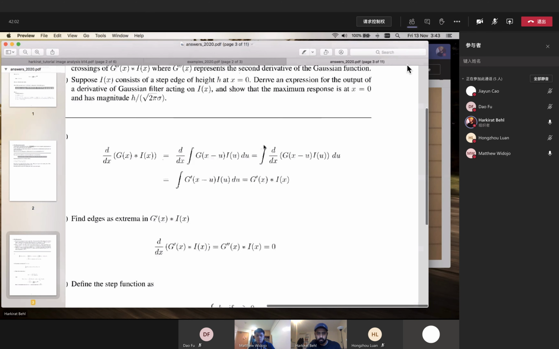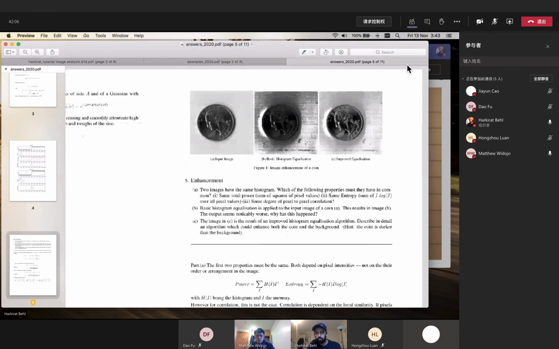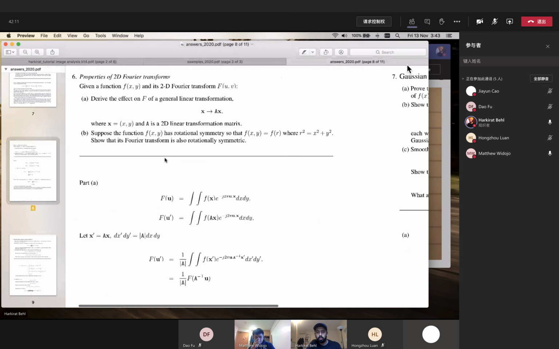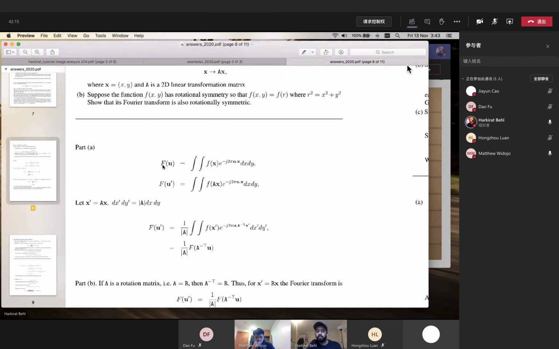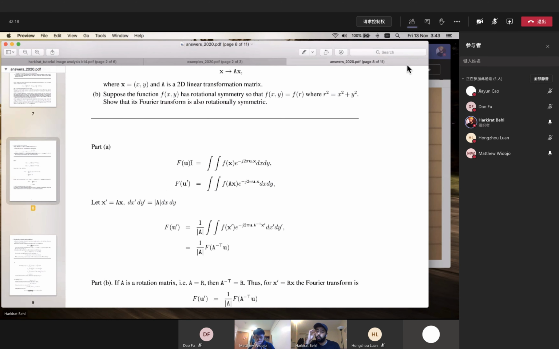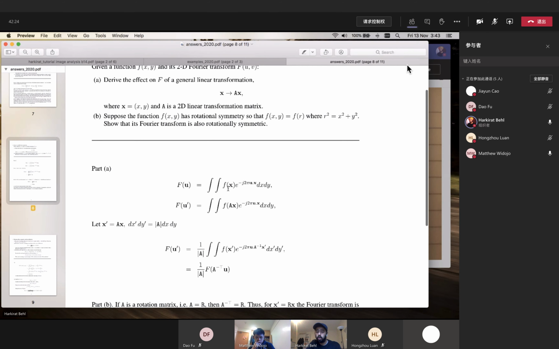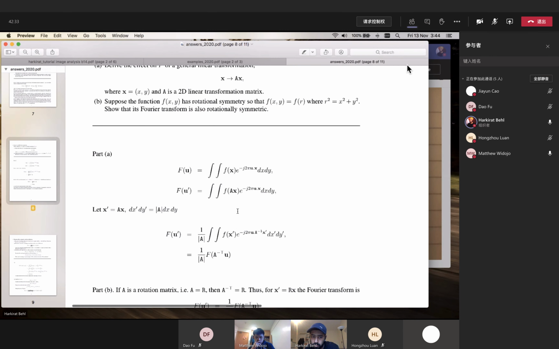We start by writing the definition of the Fourier transform. So there are two integrals, one over x, the other over y, and this is just the form. Now what we do is substitute x with Ax. A is the matrix, and this is the substitution that we perform.